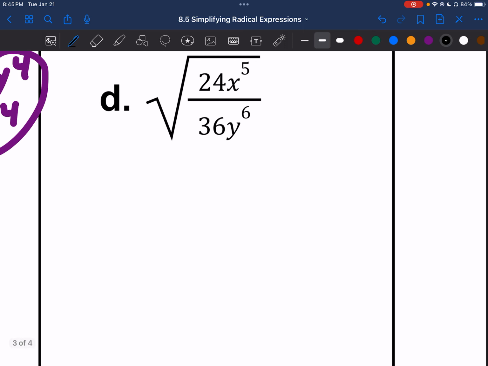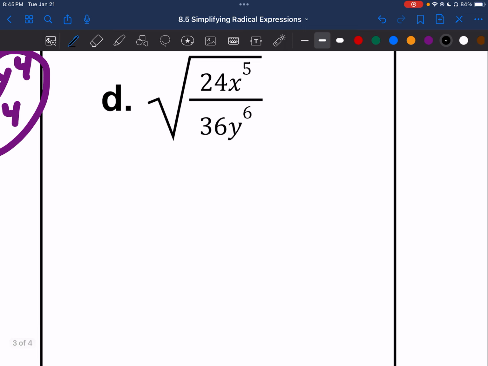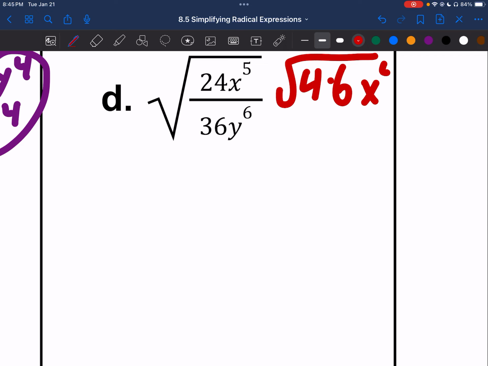Letter D, we're factoring in division this time. So 24, I know a perfect square that's in that, and it's going to be 4 times 6, and x to the 5th, well, that's x to the 4th times x, over square root of 36, well, I know that's 6 times 6, and we have y cubed, y cubed.